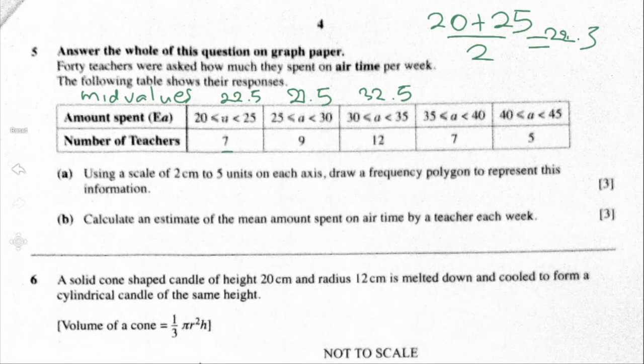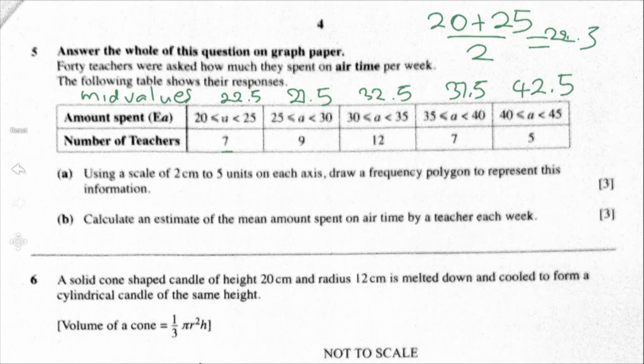The mid value for the group 35 to 40 is 37.5. For the last group, 40 to 45, our mid value is 42.5.